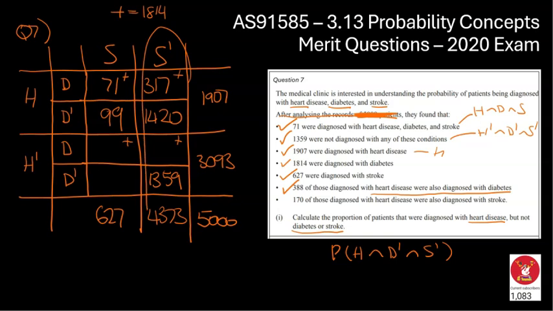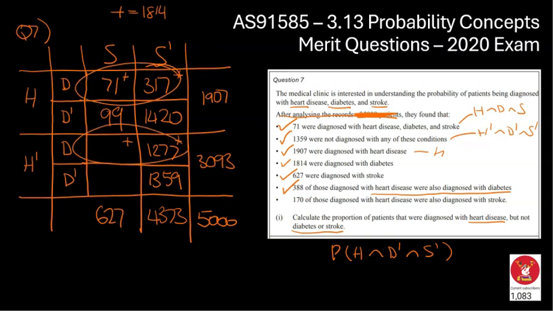If you're looking at the not stroke people, I'm only missing this one number in the middle, which means, again, I can use subtraction to work that out. So I'm going to go 4,373, minus this, minus this, minus this. That's going to give me this leftover number in the middle, which I get to be 1,277. And this is perfect.